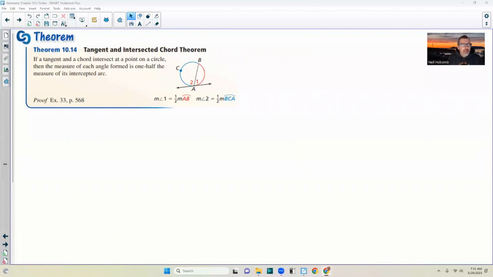Okay, so let's start this chapter with the 14th theorem in this chapter section. Tangent and intersected chord theorem.